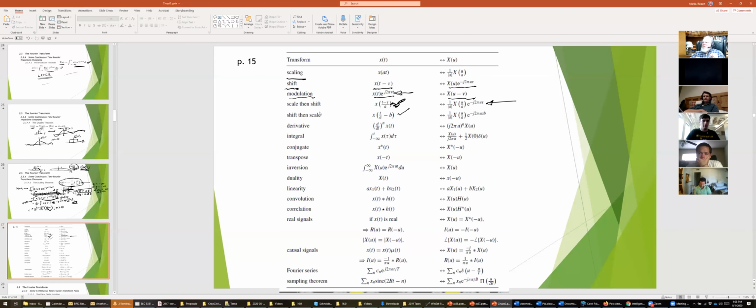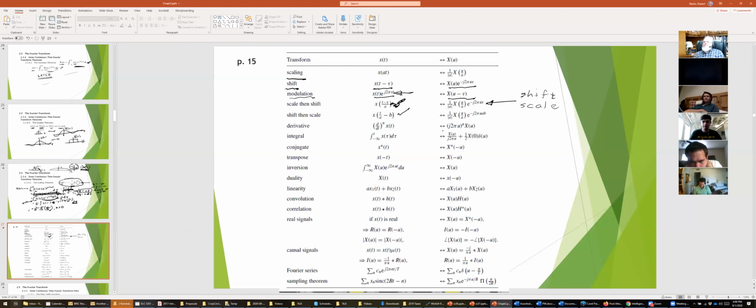The operations don't commute. If you shift and scale, that's not the same thing as scaling and shifting. They're two different operations; they are not commutative. And so if you have the shift then scale, you get another Fourier transform. So this one combines both the Shift Theorem and the Scaling Theorem, which is kind of nice.